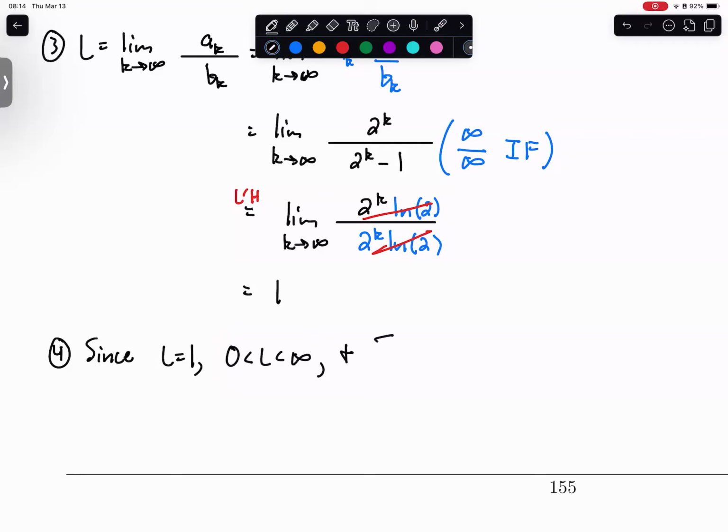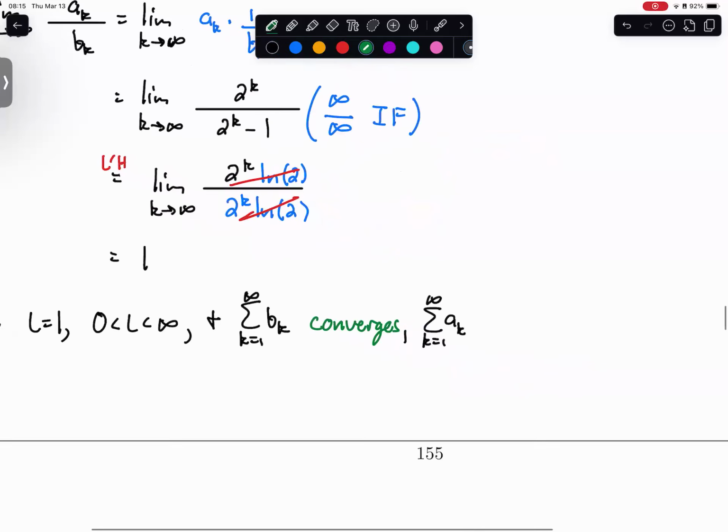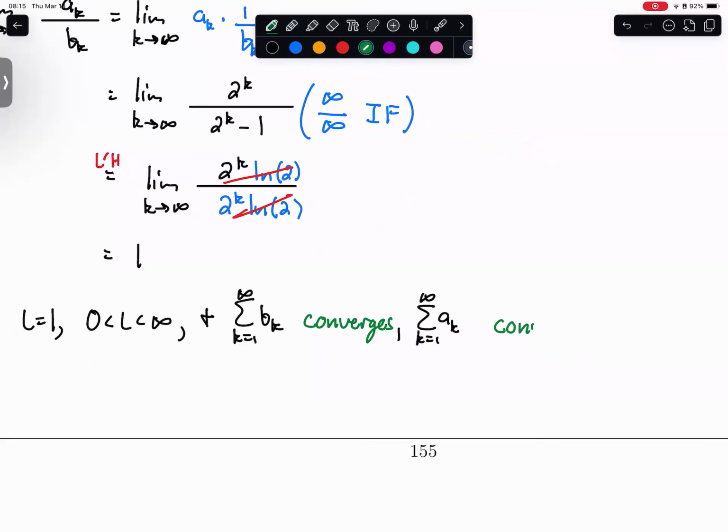And because I know that the series with B of k converges, because I showed that work above, I have no other option for the given series. My given series with the terms of A of k has to also converge, and I know that it converges by the limit comparison test.